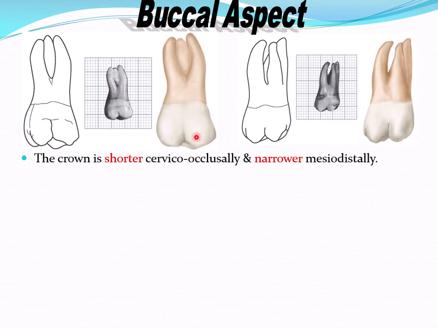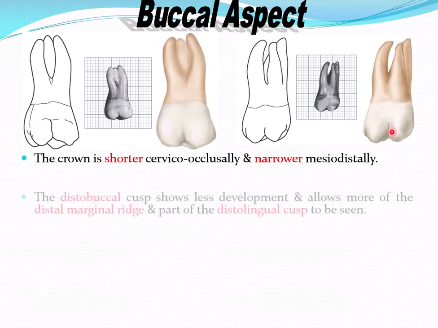Cervical occlusally is shorter، هذا أقصر من هذا، and narrower medial-distal compared to this and that. This is the first and this is the second. The second occlusal cervical or cervical occlusally is shorter and medial-distally is narrower.